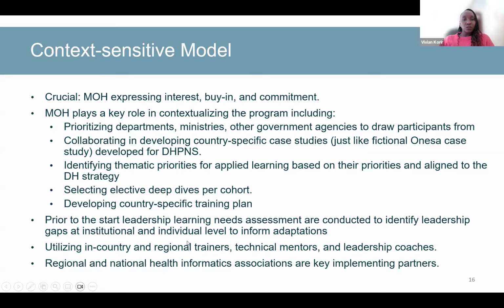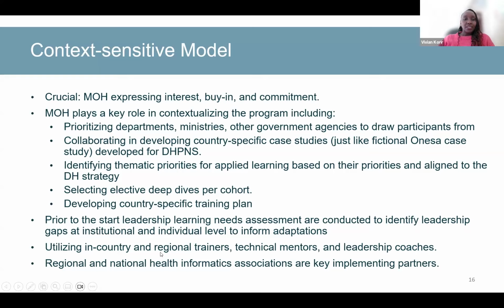So prior to the start also, we have some learning needs assessments which are done, for instance, for the leadership component, so that gaps at institutional and individual levels are identified, and the curriculum is adapted to address that.